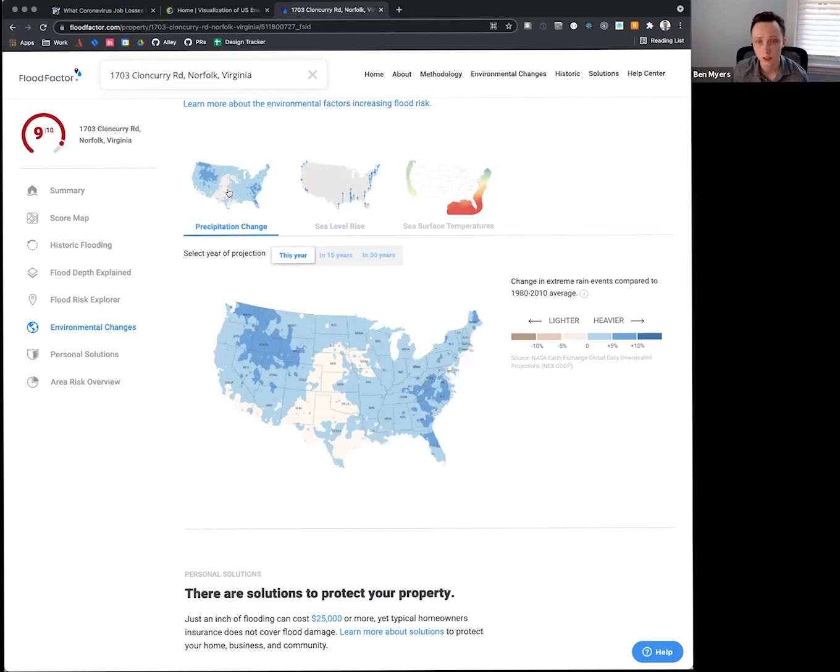Yeah, right. I think it's great that they default to this, because this is probably the factor that's having a more immediate impact on your property, right? Like we've had some really crazy storms where I live recently. And so I think overall, on this website, they've made some really great decisions about what information to put in front of users first.